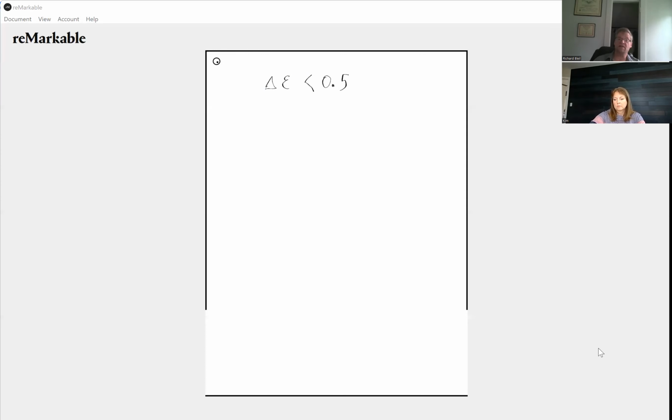So if the difference in electronegativity is less than 0.5, it is non-polar covalent.